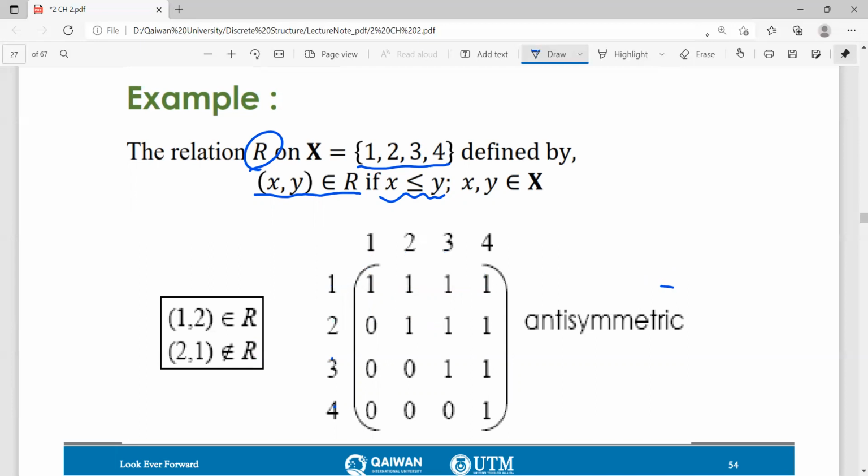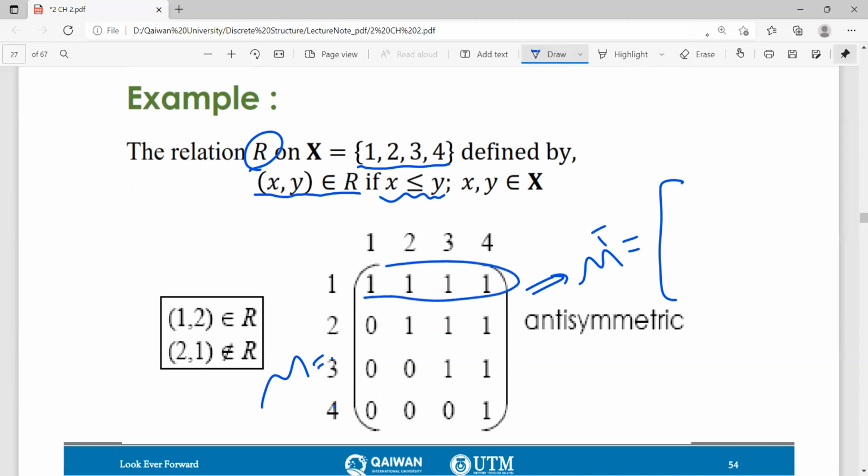And if you find its transpose, it's totally different except for the elements on the main diagonal. Let's say this is M, so let's find M transpose.